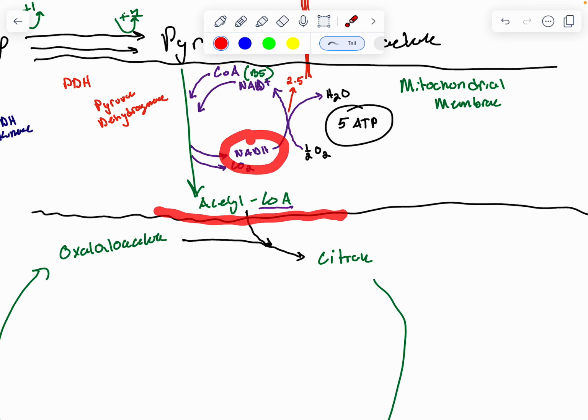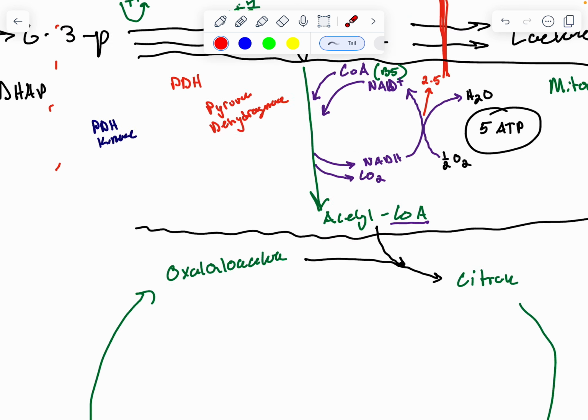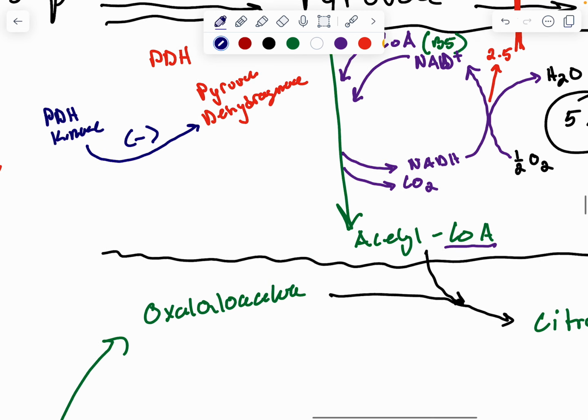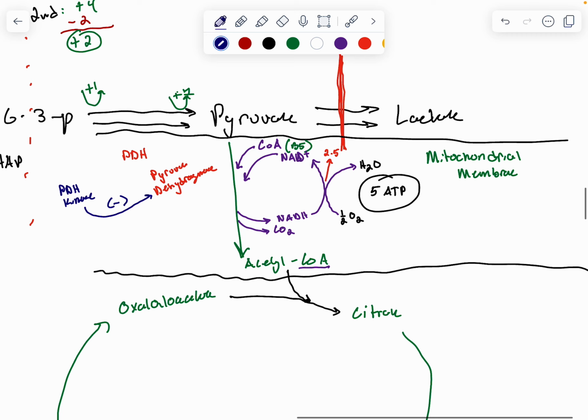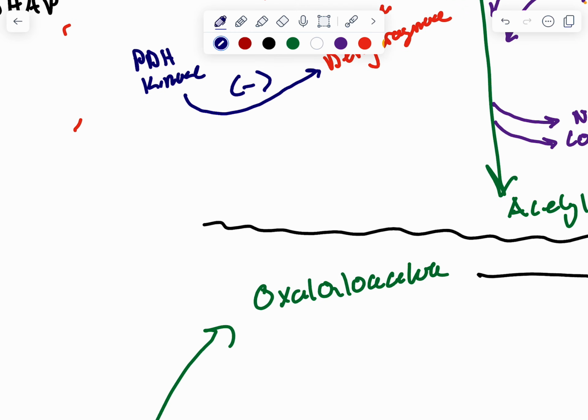We have an accumulation of NADH, and what these two molecules are going to do is activate PDH kinase, and PDH kinase is going to come over here and inhibit pyruvate dehydrogenase, so we don't continue to break down pyruvate into an already overabundant population of acetyl-CoA. And then if we want to turn that enzyme back on, if you guys remember, we use PDH phosphatase.